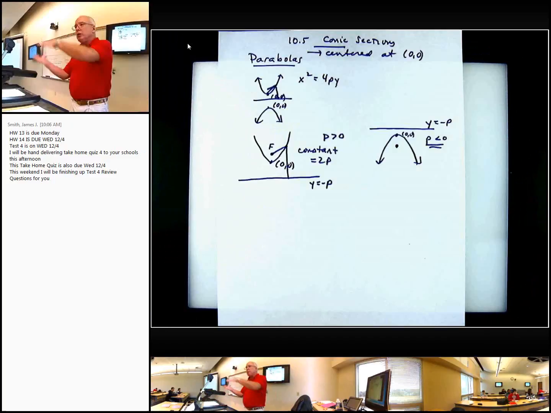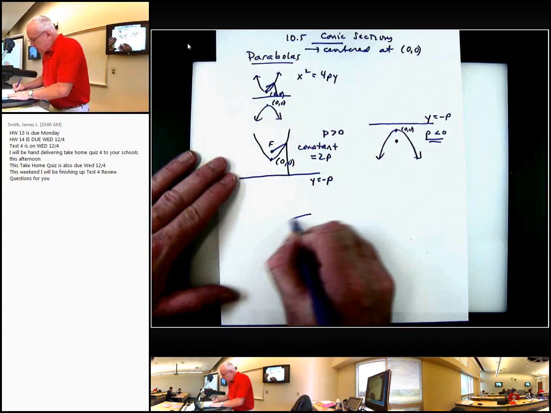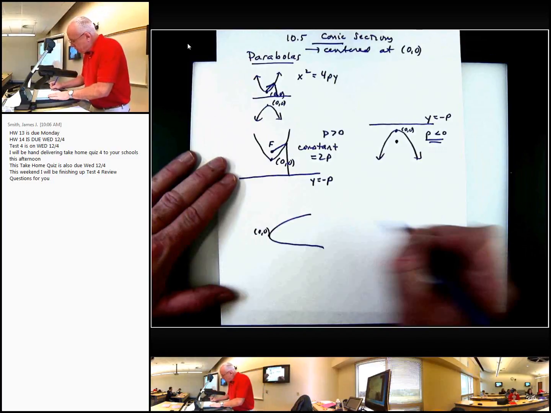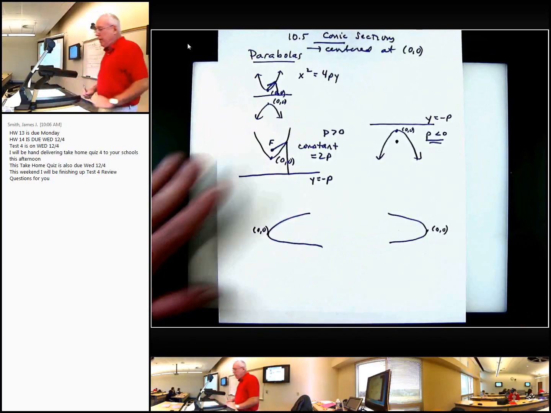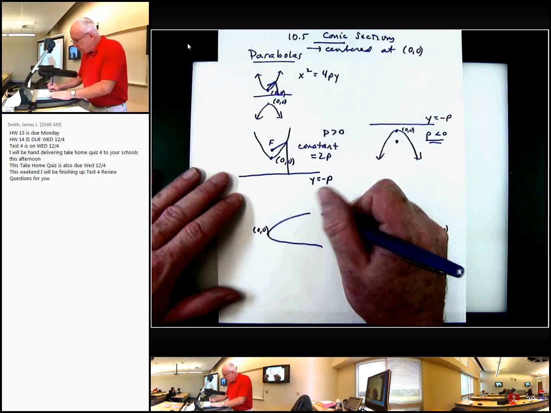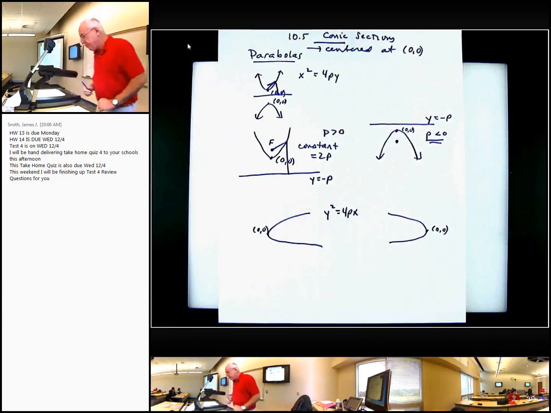And then the parabola can also go to the right or to the left. It can also go this way, here, this is 0, 0. Or it can go this way to the left, 0, 0. And then here we just interchange the x's and the y's. So this is going to be y squared is equal to 4px.